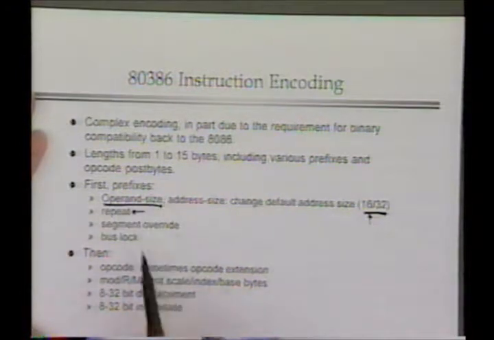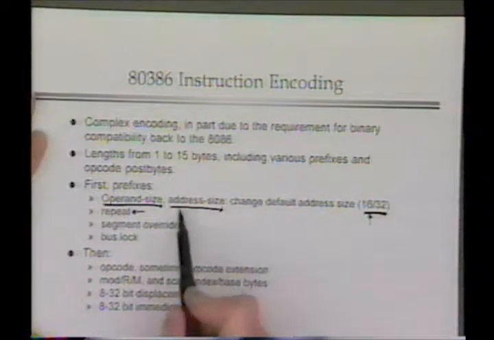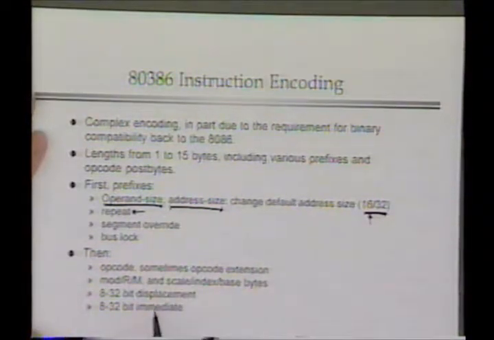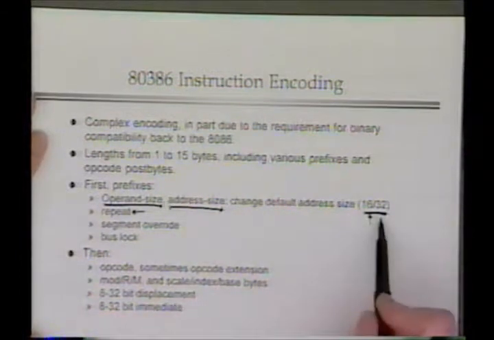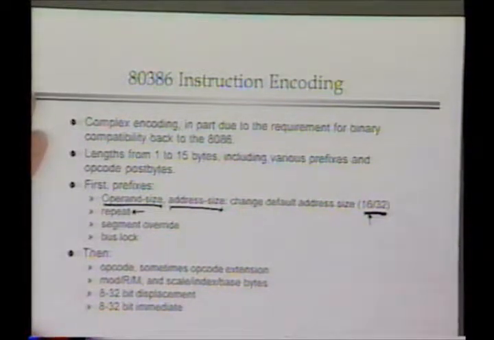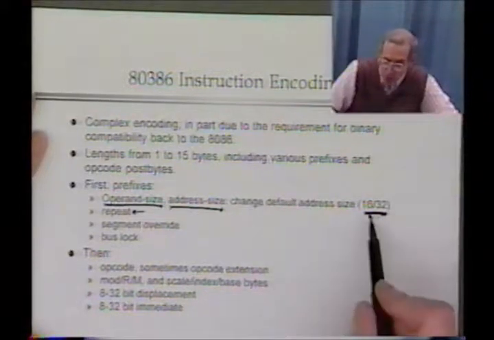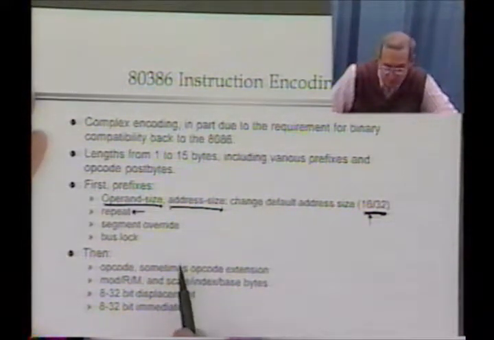One is the operand size prefix, which is just a constant byte, and the other is an address size prefix, which is a different constant byte. And if you put either or both of those in front of an instruction, it says reverse the decision that the segment descriptor implies about whether offsets or operands should be 16 or 32 bits. So you can, on an instruction by instruction basis, change what the offset is.